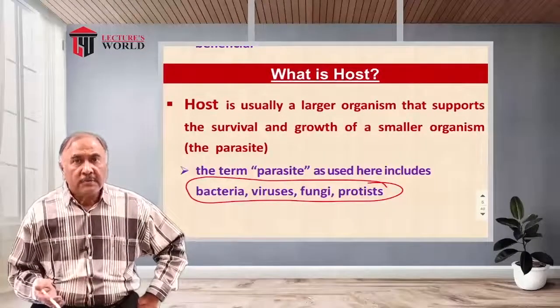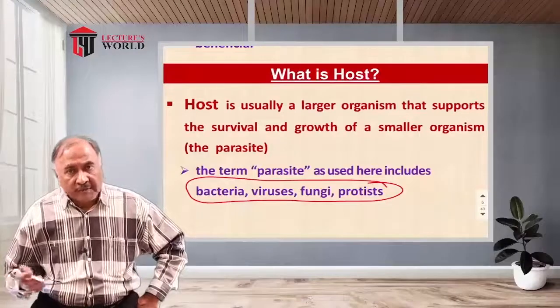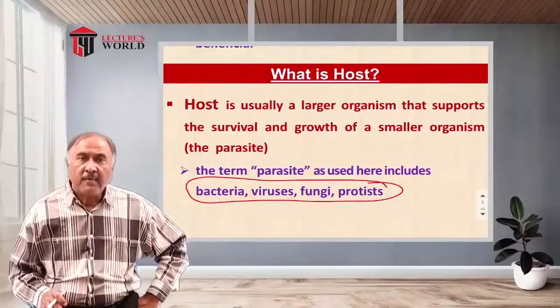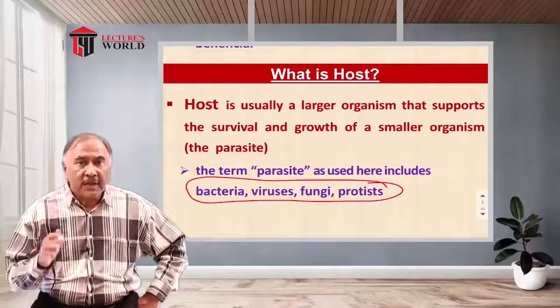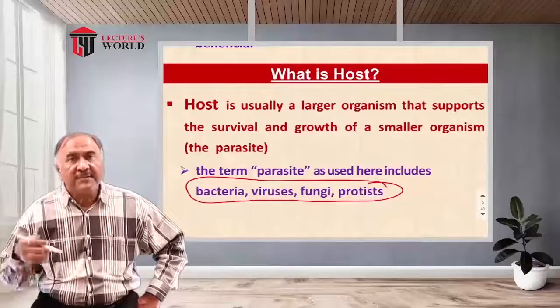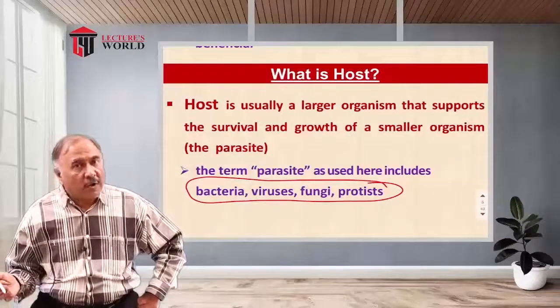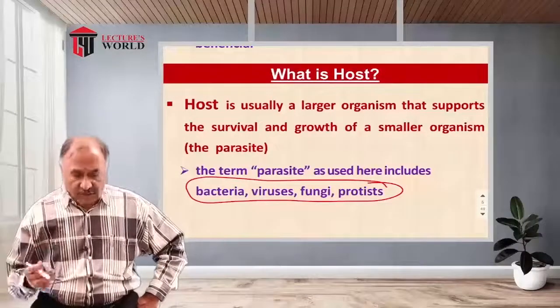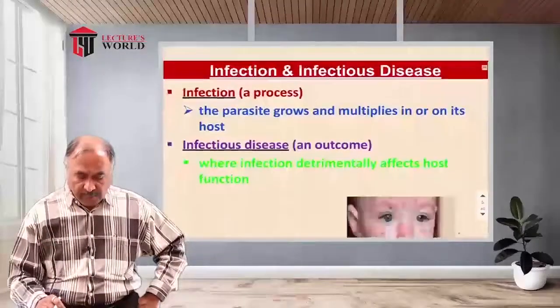The pathogen shows virulence, degree of pathogenicity, and there are various defense mechanisms which have to be overcome. First line of defense, second line of defense, the immune system, or what we call the resistance of the organism in general, it has to overcome.